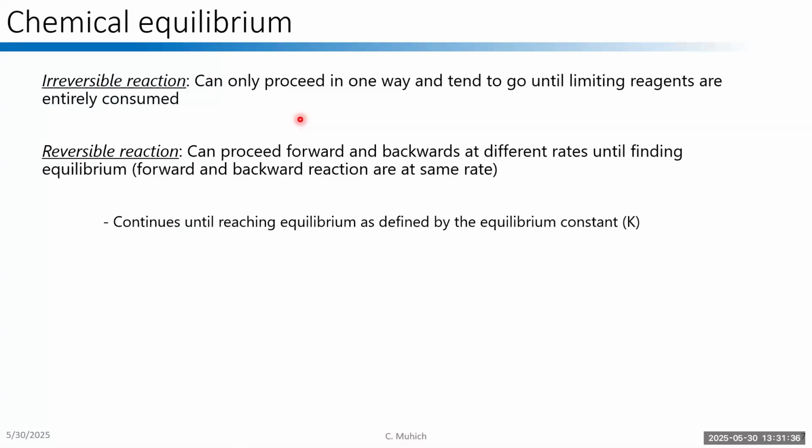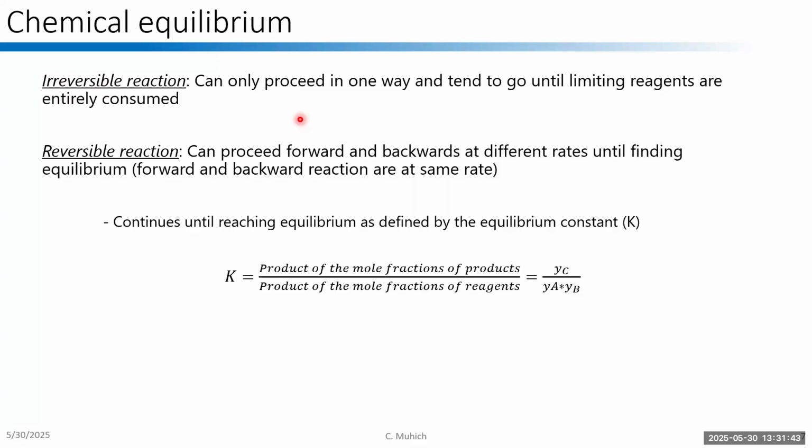And so these reactions are going to continue until an equilibrium is reached as defined by the equilibrium constant K. And K is, of course, the product of the mole fractions of the products over the product of the mole fractions of the reagents. So once again, if we're thinking A plus B goes to C, I have K equals YC over YA times YB.